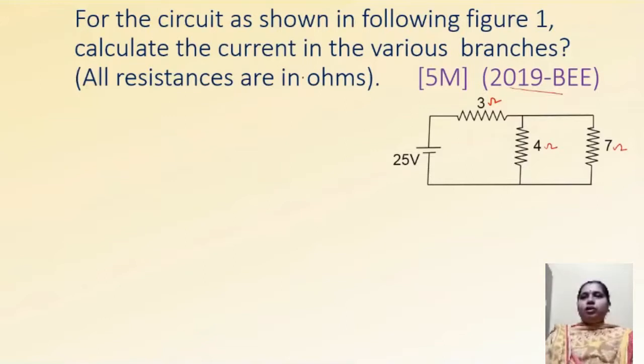He is asking us to find the current. We know current I equals V by R, and the units are amperes. He is asking us to find the total current.